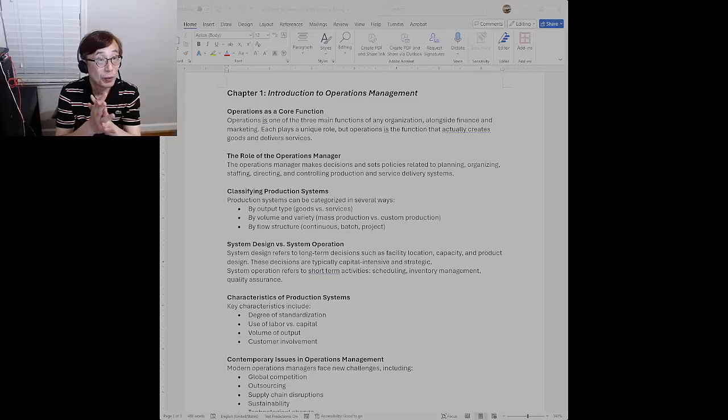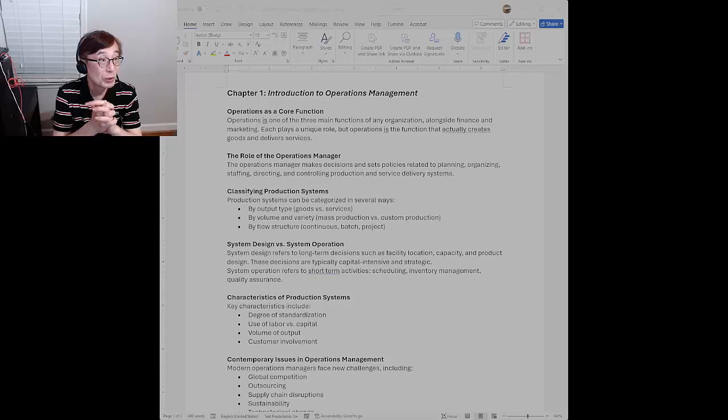So without those three, it's almost impossible to sustain in the market. So that's the idea of what they're talking about, three main functions, including operations management.